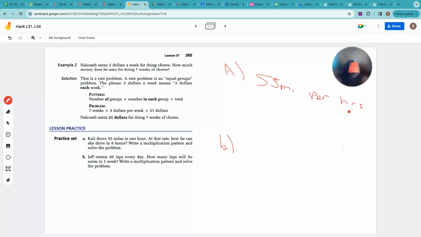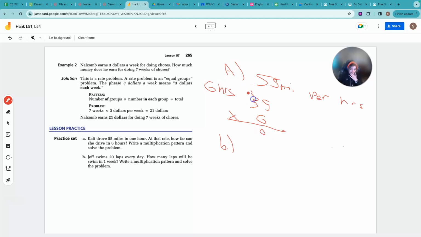You already know what we're going to do. So, 55, we got to do multiplication. So, we want to figure out how many miles she can go in 6 hours, if she's doing 55 miles every hour. So, 55 times 6. 6 times 5 is 30. We're going to put 0.